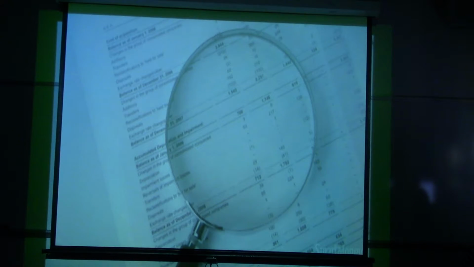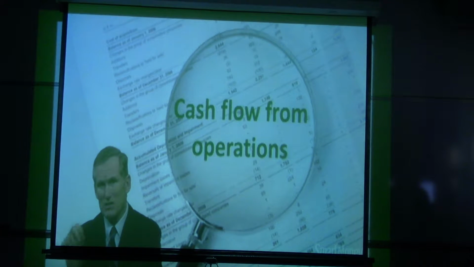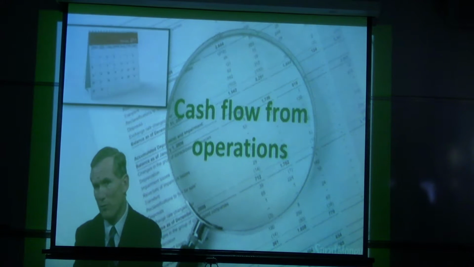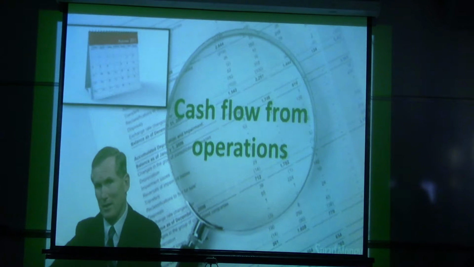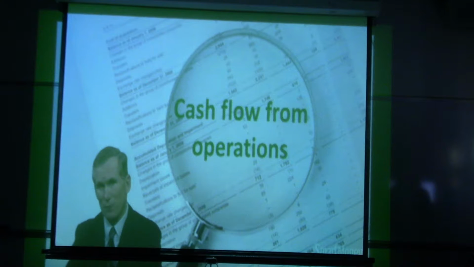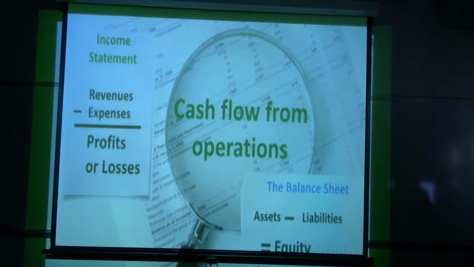There's one single line you really need to focus on, the cash flow from operations line, because it shows how much cash came into a business and went out on an operating level, and it accounts for both income statement activities and the balance sheet.